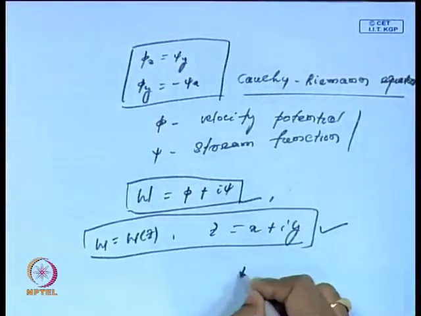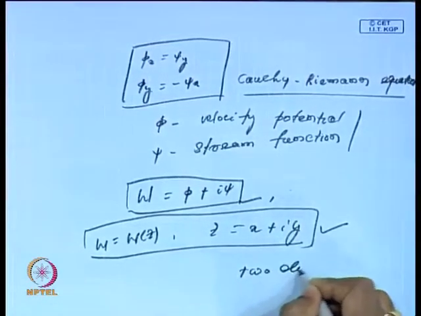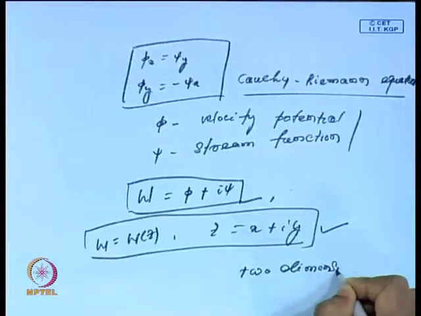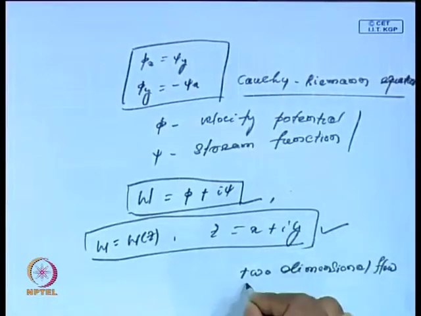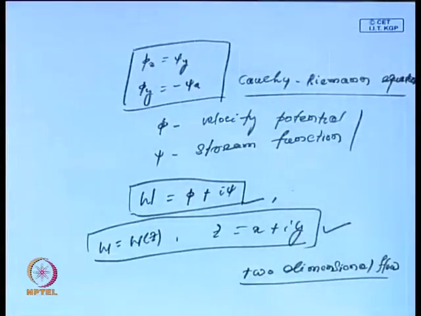That means we have taken the flow as two-dimensional in nature. Another characteristic: the fluid domain is assumed to be two-dimensional, and a large number of problems have been analyzed based on this assumption.